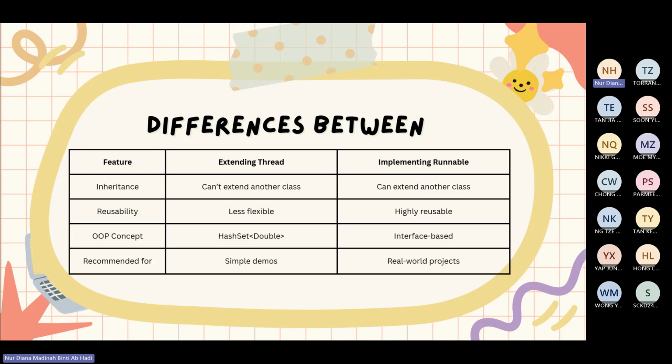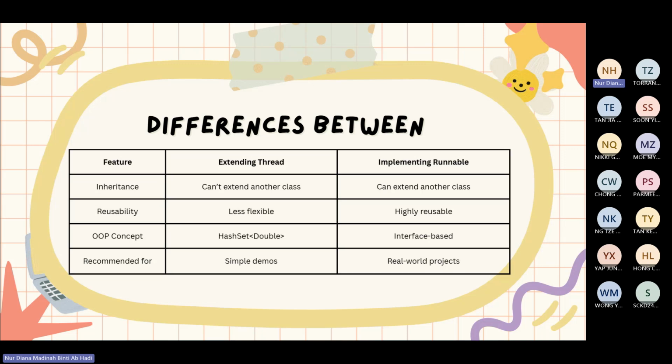But for the OOP concept, we use an interface for implementation, implement Runnable, and a class for extending thread. For demo systems, you can use extend thread.